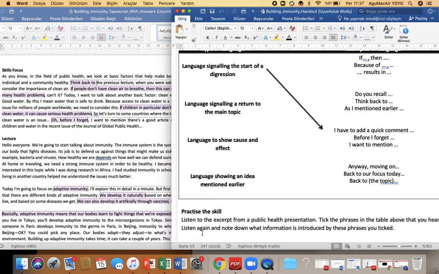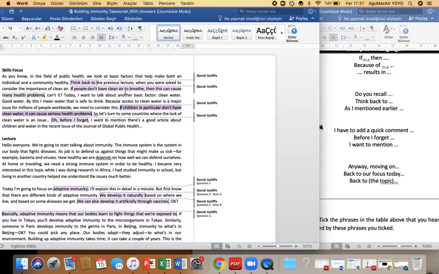And of course, in the second listening, you needed to write what information is introduced by these phrases. So the first one is think back to, and what information is given here? If people don't have clean air to breathe, then this can cause many health problems, right? So it says, when you were asked to consider the importance of clean air. So you can write this and this as well.